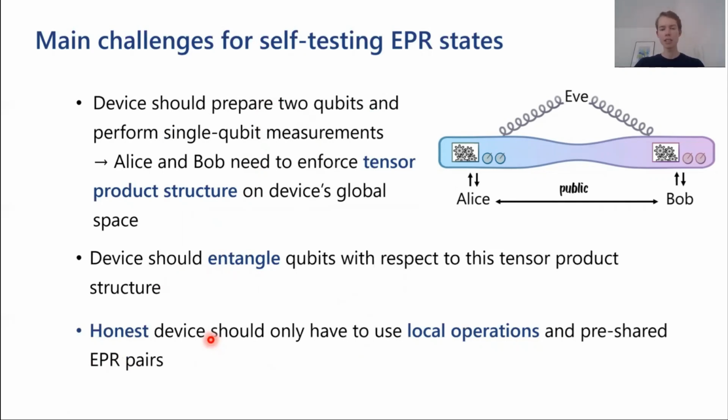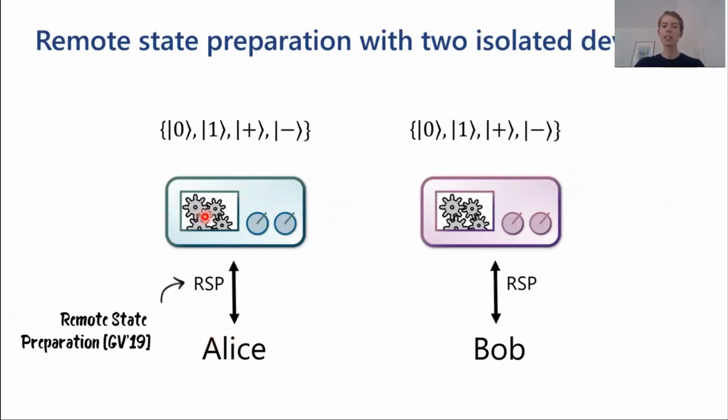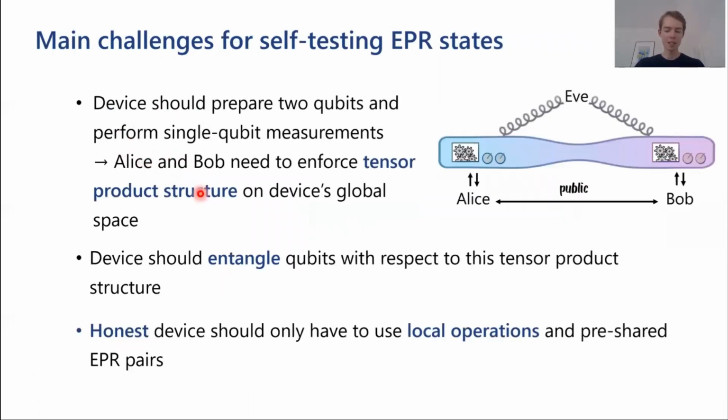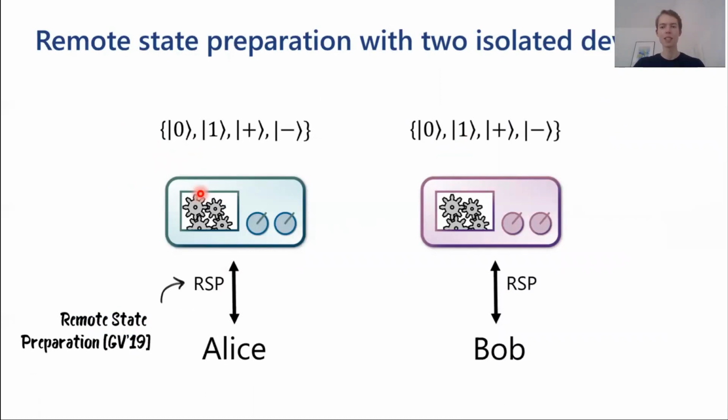And to start, let's consider a setting where Alice and Bob each have 1 device and these 2 are isolated. And now if Alice and Bob each run a remote state preparation protocol on their device, then just by virtue of this protocol, we know that each device will have prepared one of these 4 single qubit states. So now comes the first step from this slide, which, as promised, I won't explain too much.